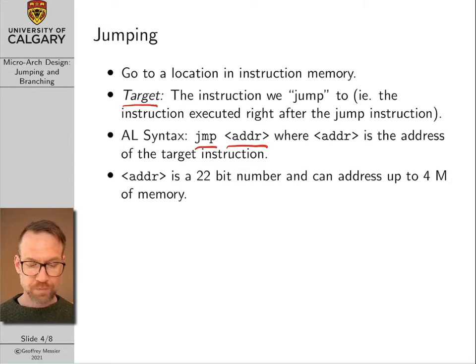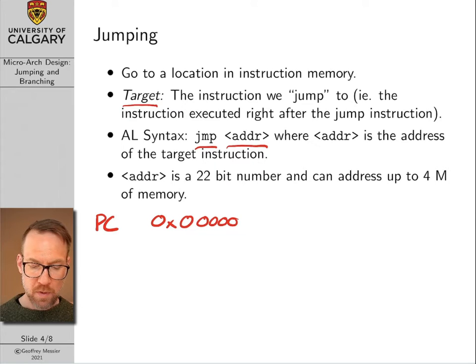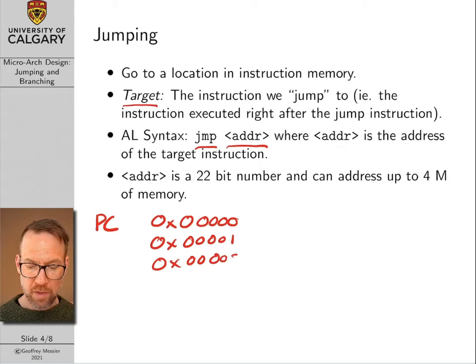And so the program counter will perhaps start with an address of 0. It'll then go to an address of 1, then go to an address of 2.